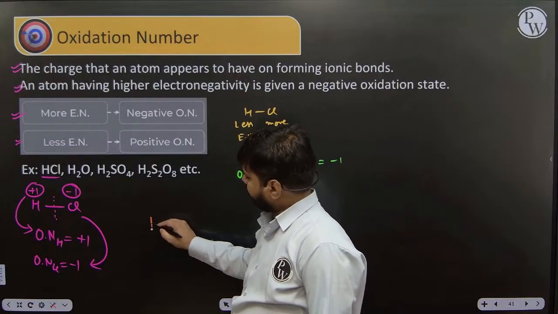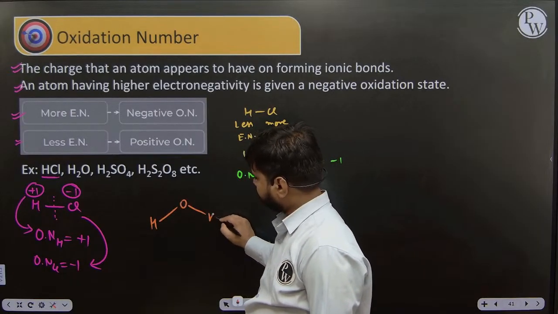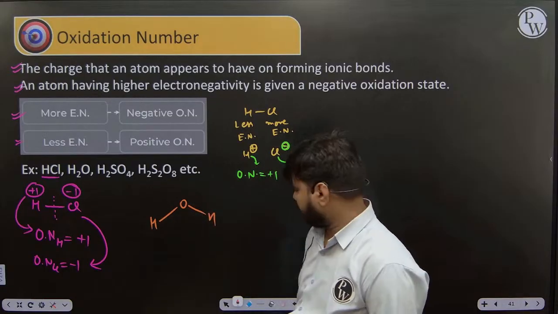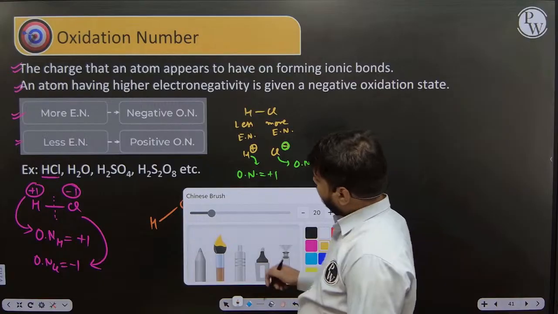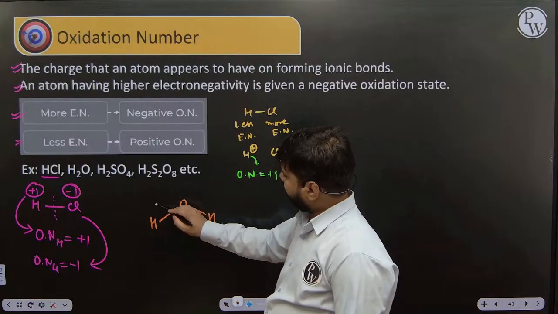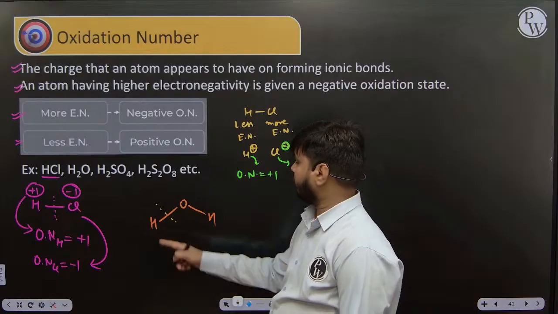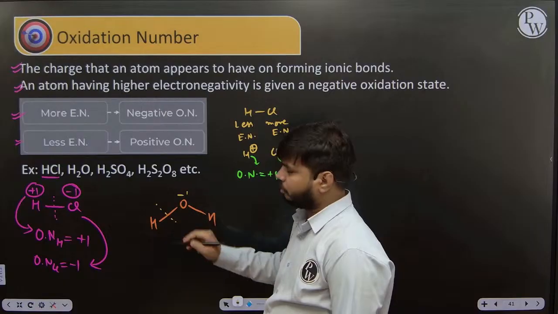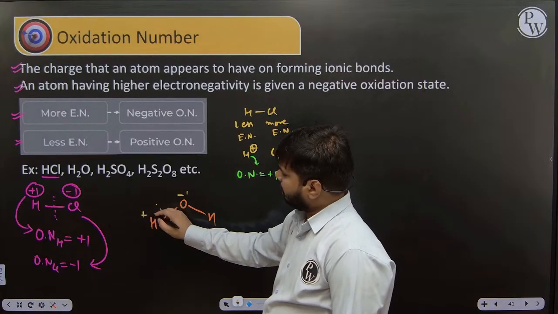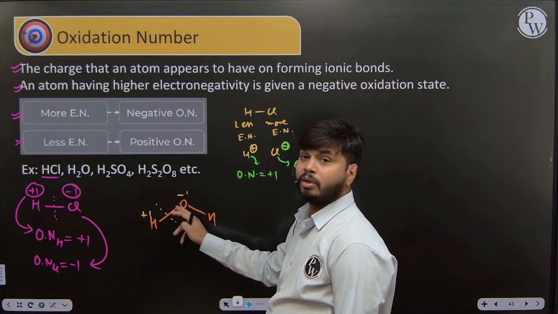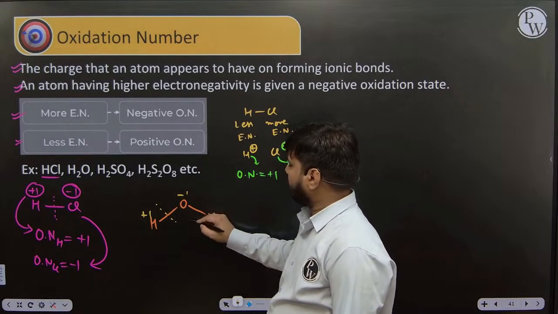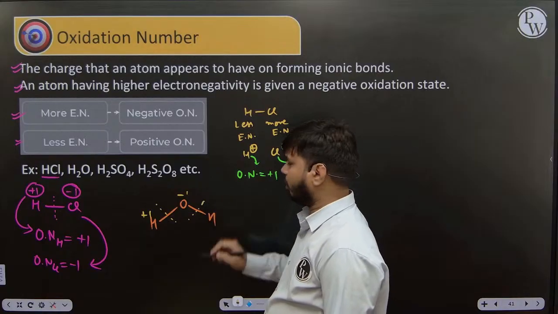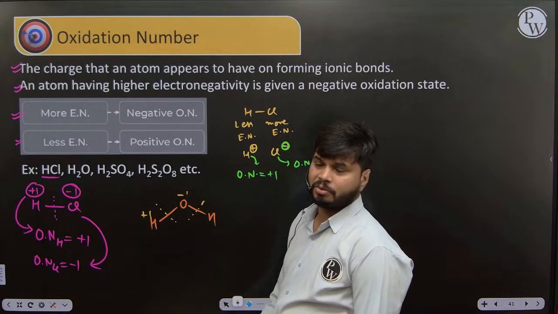Now let's take the next example, H2O. You all know oxygen is more electronegative, hydrogen is less electronegative. If you break this bond, oxygen will get minus 1 due to this bond, and hydrogen will get plus 1. Now again we break the other oxygen-hydrogen bond.